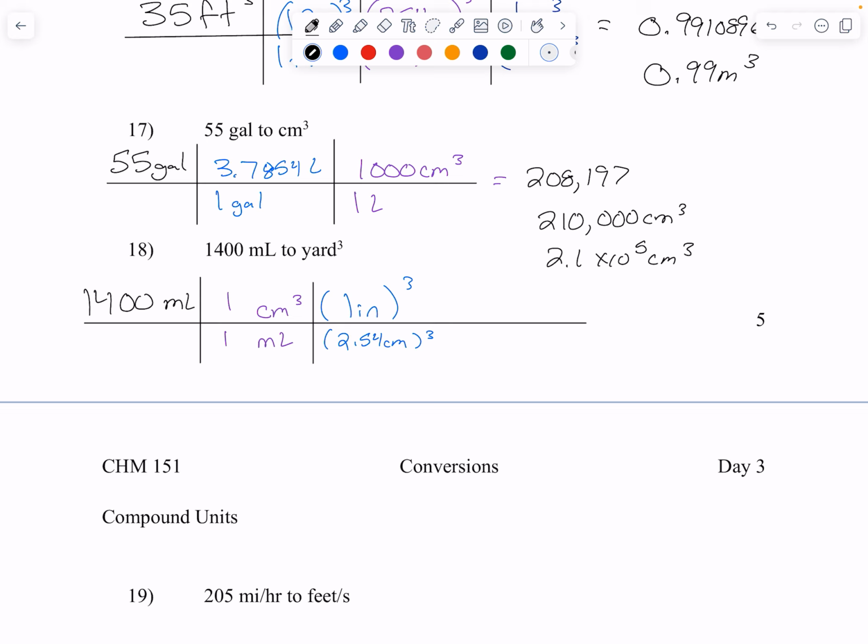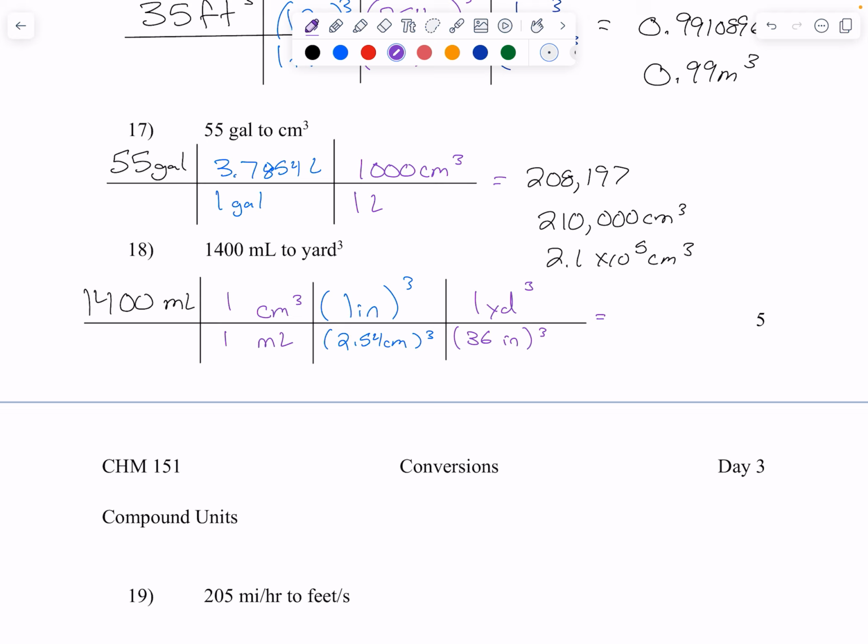And then we have 36 inches cubed, 1 yard cubed. So there we go.